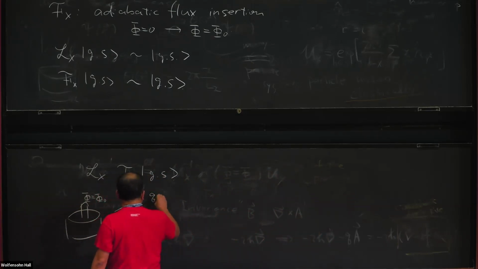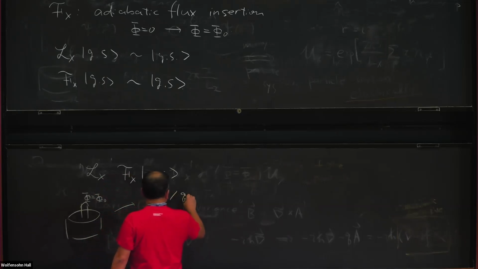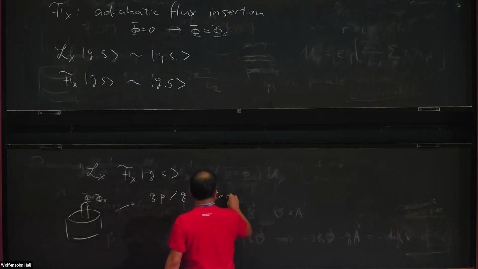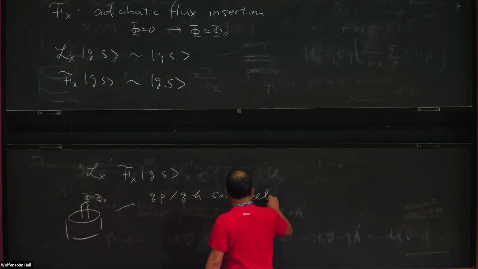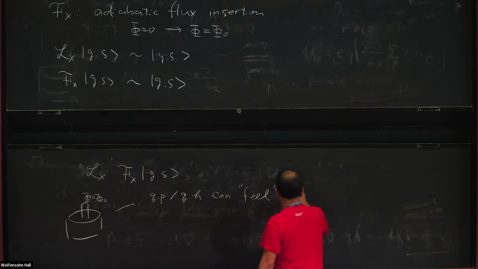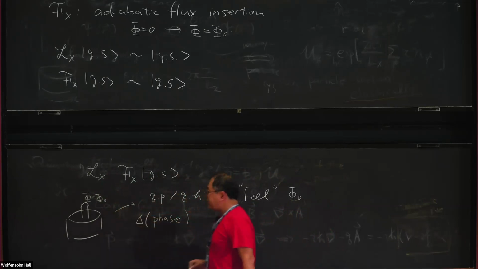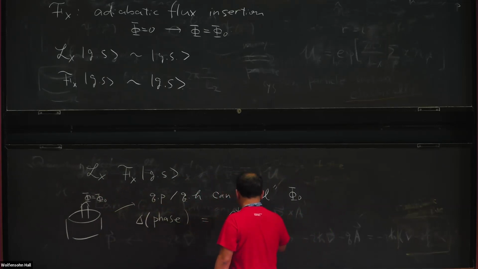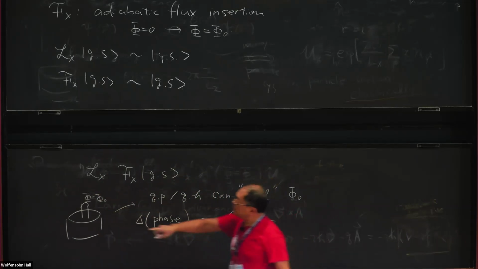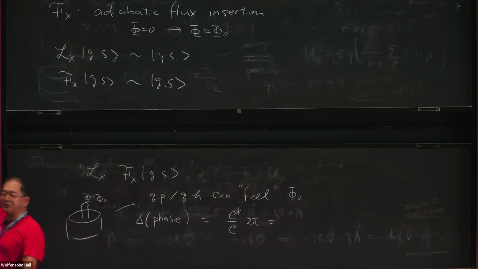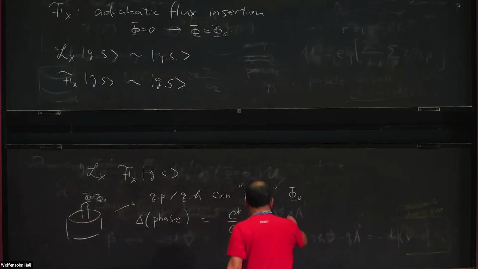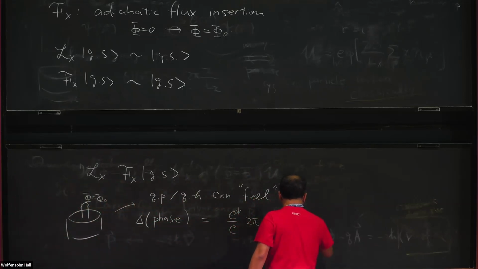So quasi-particle, quasi-hole can feel phi 0. Because now the phase difference caused by this magnetic field is e star over e times 2 pi. And if I assume e star was p over q, some rational number times e, then this is 2 pi times p over q.